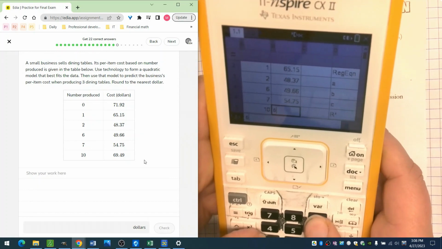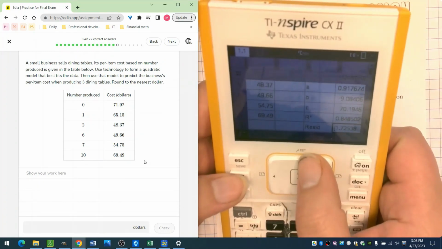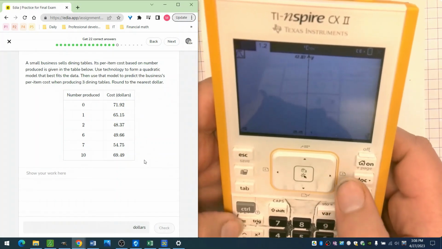And then 69.49. Okay. Yep, those look better. Let's go see.